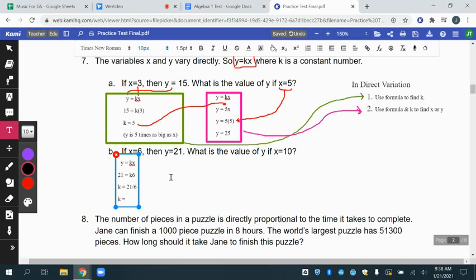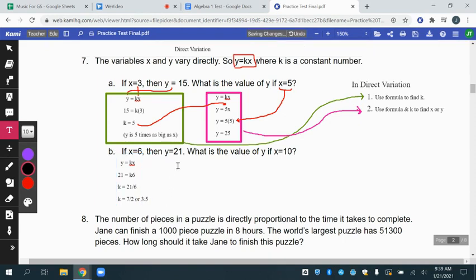21 divided by 6 is actually 7 divided by 2, or 4.5. No, 3.5. Okay, so now I know that K is 3.5. 3.5 times 6 makes 21. Yep, that works. Now I'm going to use that to find the next one.